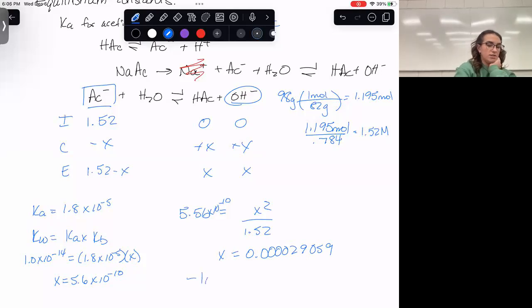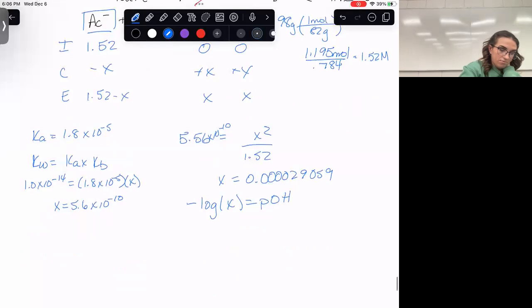The negative log, and what is that going to give us? This is pOH. Yep. How do we find pH? Subtract from 14.